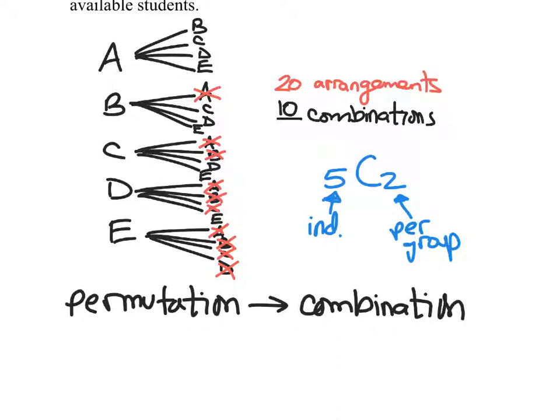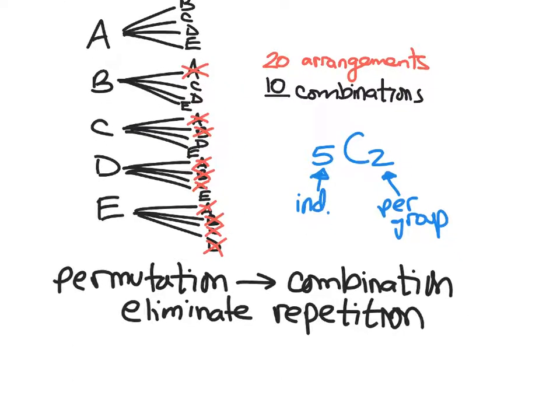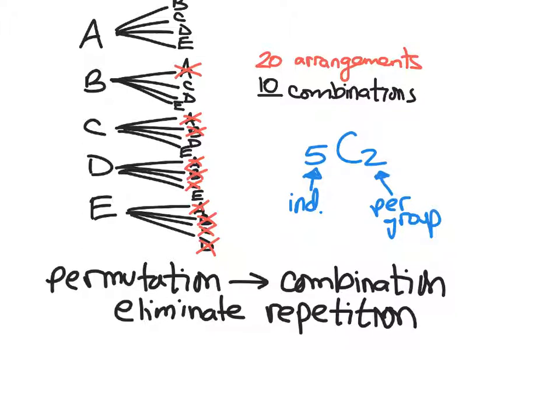Now, the simple everyday way of saying it would be eliminate repetition. But that still doesn't give us the mathematical approach. What we need to do is determine the number of different ways the repeated values can occur.